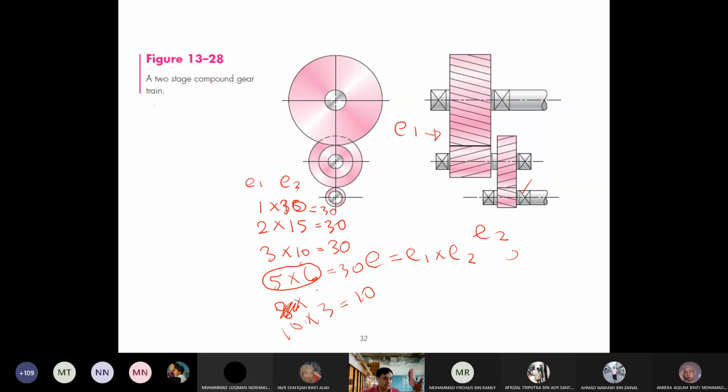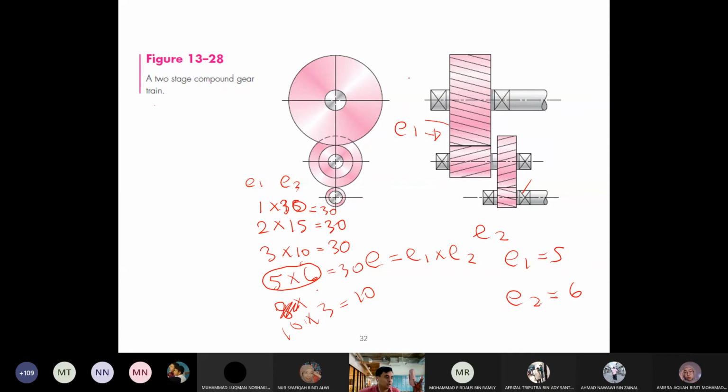So kita boleh katakan E1 is 5, E2 is 6. Okay, kenapa kita kena ambil the close 5 darab 6, kenapa bukan 2 darab 15, 1 darab 30? Nanti kita tunjuk dia punya calculation. Kenapa kita tak gunakan? Because kalau kita gunakan combination yang terlalu jauh, contoh 2 darab 15 ni, kemungkinan salah satu gear ni mungkin terlalu besar.